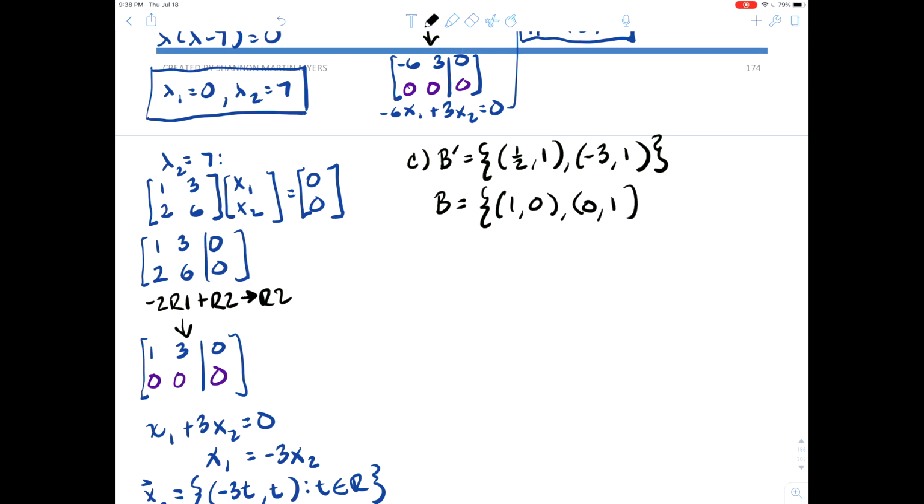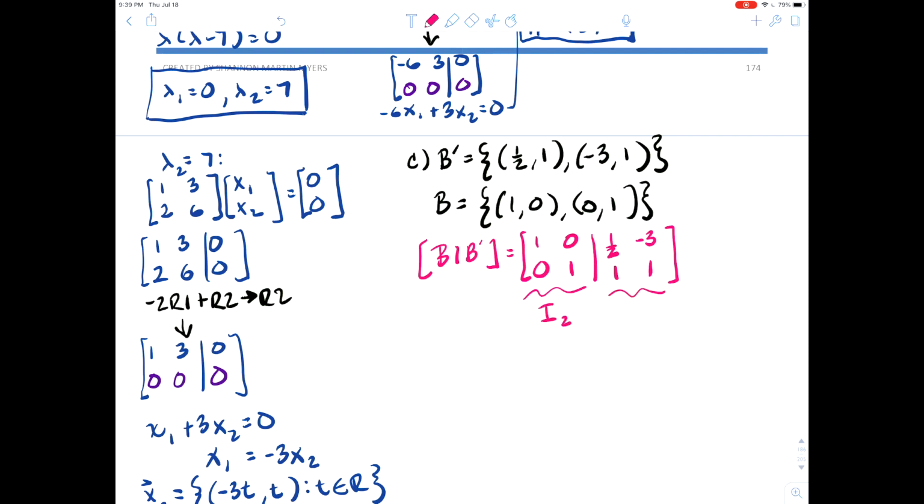So let's see what we get. Well, if I adjoin B prime to B, that's going to give me 1, 0 going down, 0, 1, and then 1/2, 1, -3, 1. So what does this give me? Doesn't it give me I2 and P?